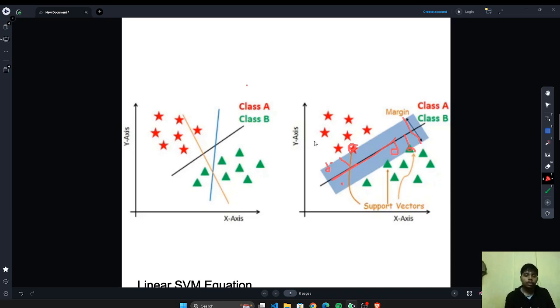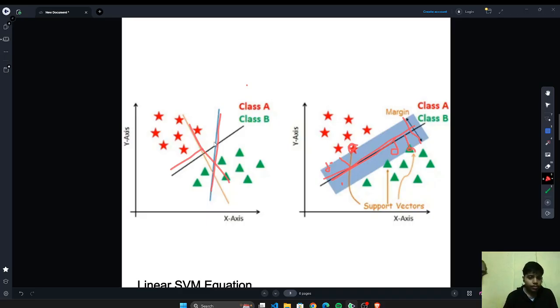One question arises in SVM: why are we taking the hyperplane like this? Why not like this or like this? Our goal in making a hyperplane is to divide the classes accurately with a larger margin.